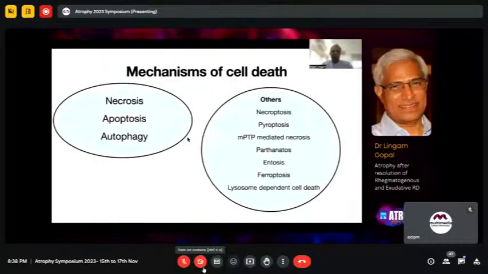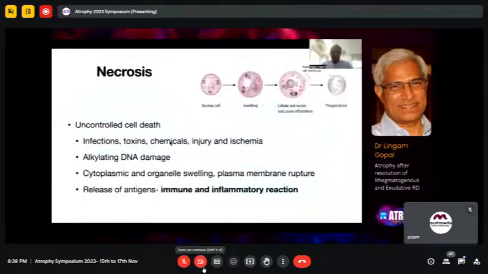Necrosis, apoptosis, and autophagy are three important mechanisms of cell death, although there are several other mechanisms described which may overlap with these. Necrosis is uncontrolled cell death, usually triggered by infections, toxins, chemicals, or ischemia, results in alkylating DNA damage, and cytoplasm is swollen along with organelles, leading to plasma membrane rupture.